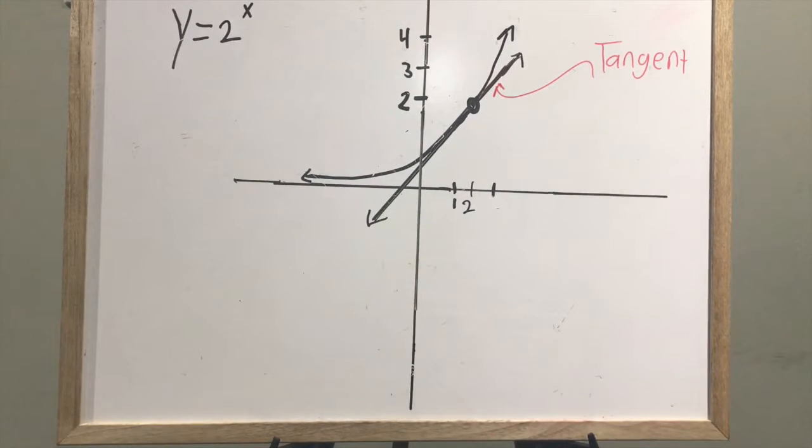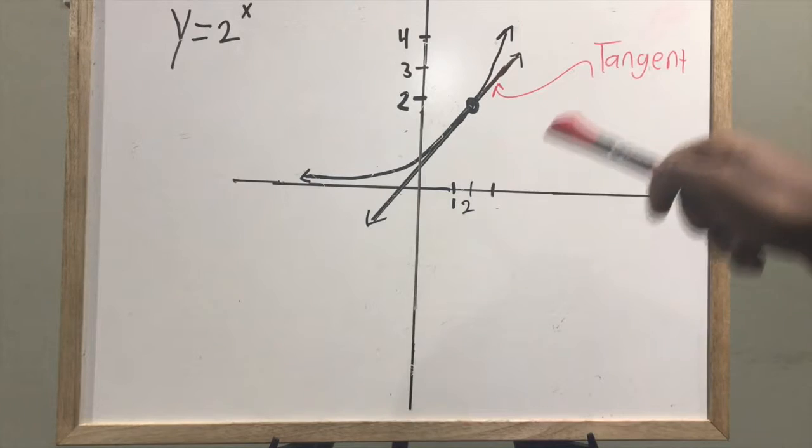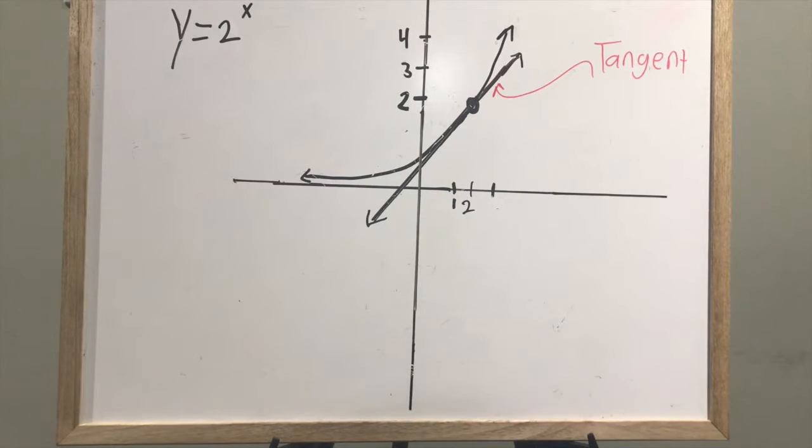Any other point on that line is not touching the function, which is a key characteristic of a tangent line. So you might be wondering how we can use this to estimate IROC. Well, it's pretty simple. You find 2 points on this tangent line, so x1, y1, x2, y2, and you sub them into your very simple grade 9 slope formula.